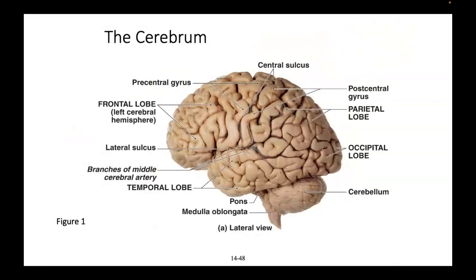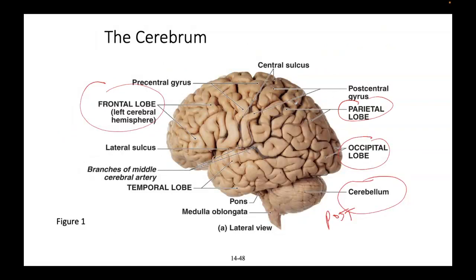So here is a real brain when we look at the dissection. And you'll see, once you find the cerebellum, you know that this is posterior. Once you identify that this is posterior, we know the occipital lobe is in the back. We know the frontal lobe is in the front. We know the parietal lobe is here.